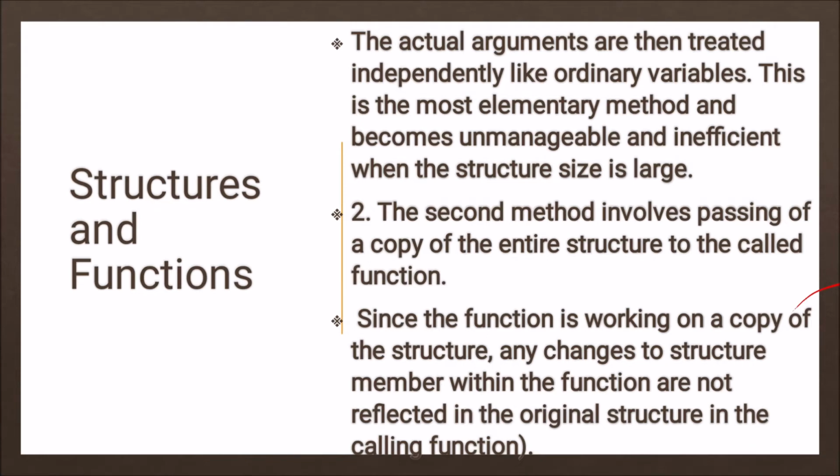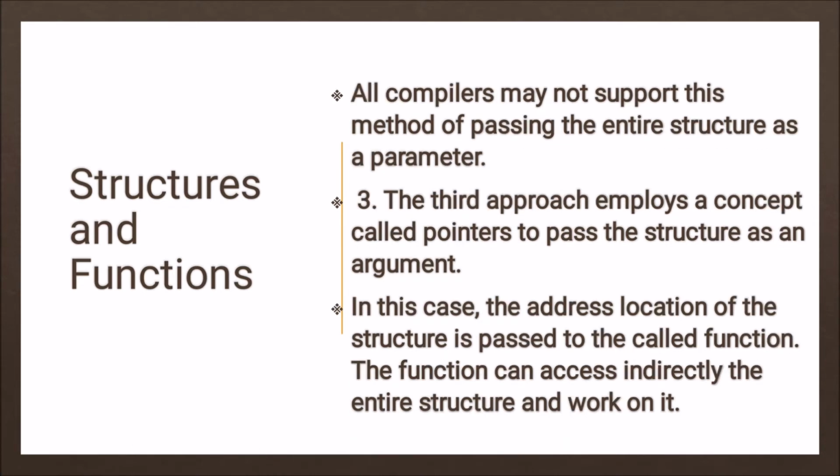The first scenario is the same as call by reference, where we pass the actual argument, and this is call by value, where we pass a copy of it. So it does not affect the original structure. All compilers may not support this method of passing the entire structure as a parameter.